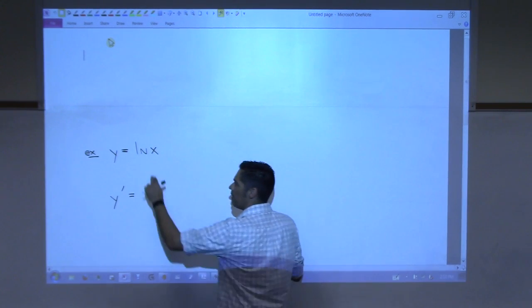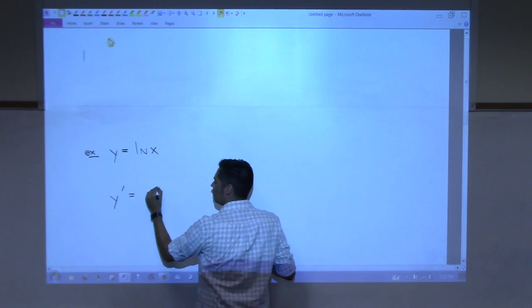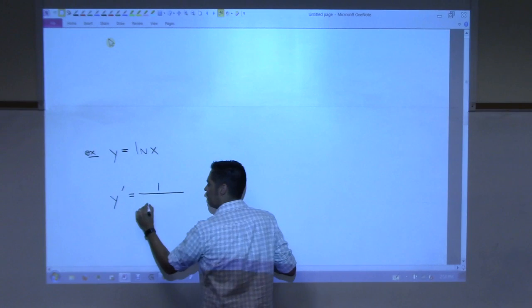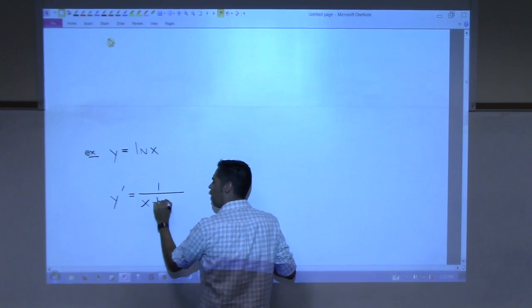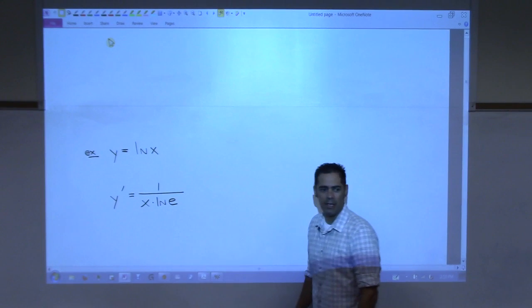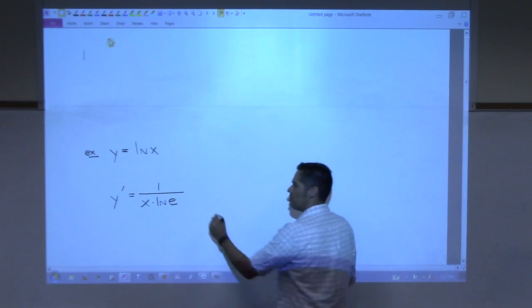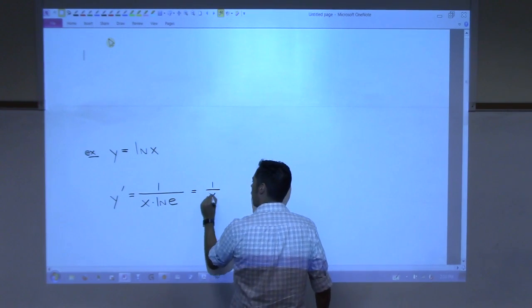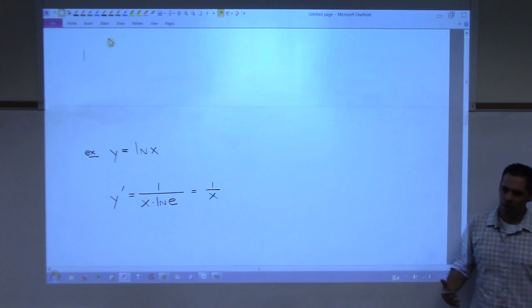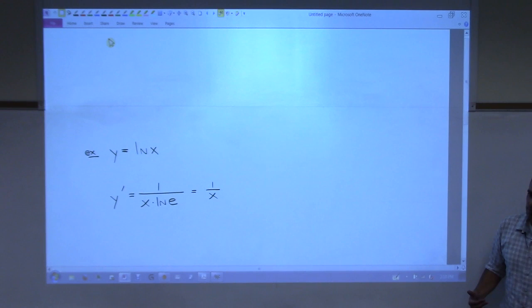So what is the derivative of log of something? 1 over that something, times natural log of the base, but this base is e. What's natural log of e? 1. So this is just 1 over x. That's the clean one. The derivative of natural log of x is 1 over x. Beautiful. That's actually kind of cool.